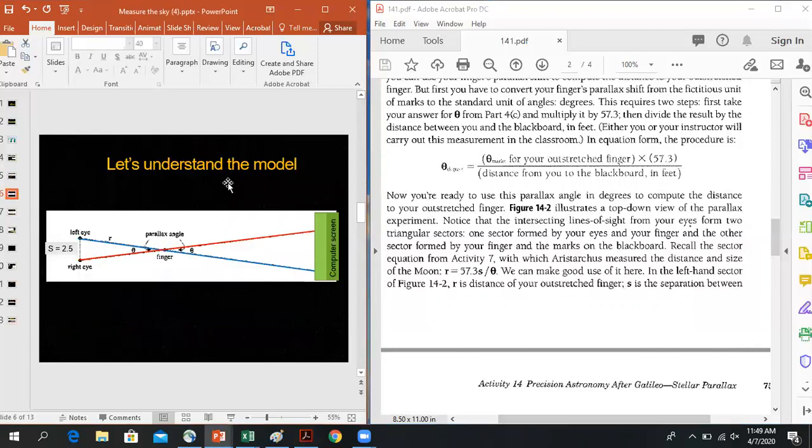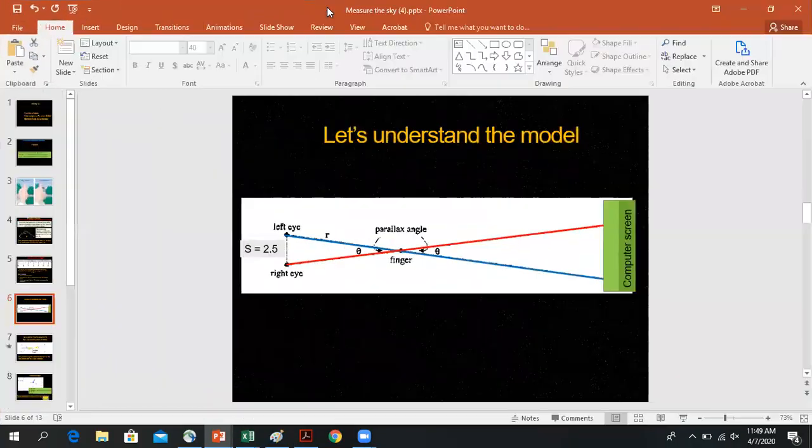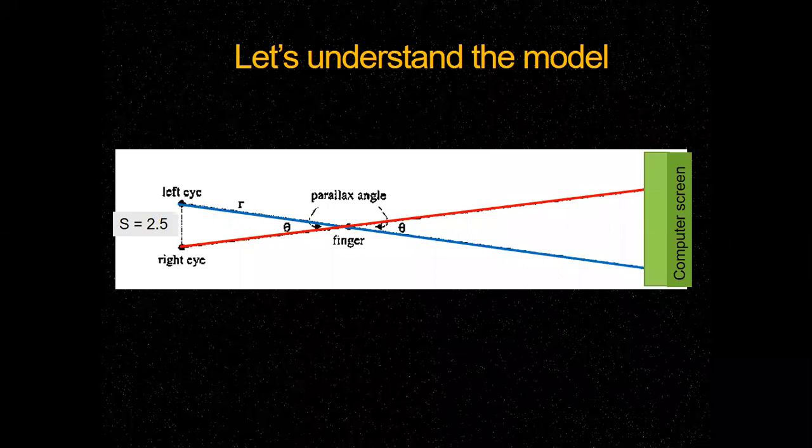You have to look at the picture on the next page to understand it a little better. I think I have it drawn over here. All right, so let's look at this picture and understand the model. As you see here, your left eye and the right eye are about 2.5 inches away from each other. And then a computer screen is somewhere here, and your finger, either the pointer finger or the thumb, will be somewhere here, right?